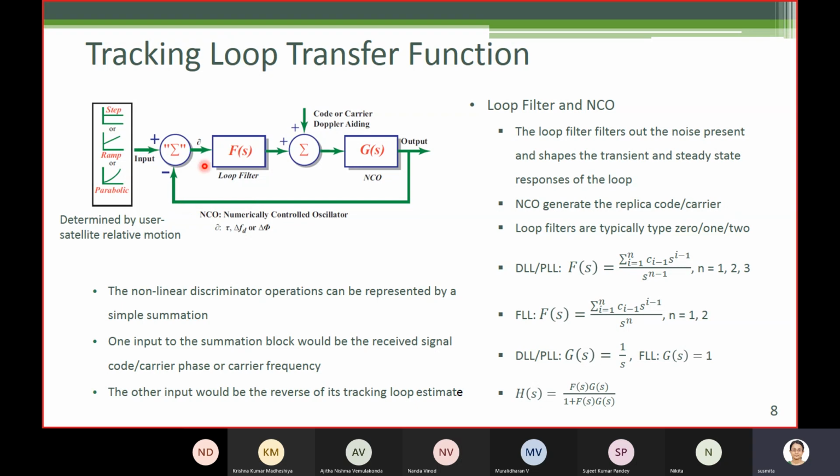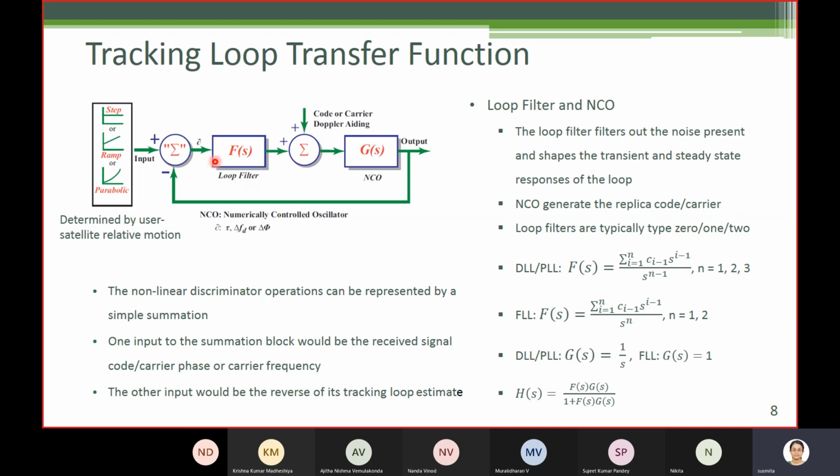So if it is a code phase tracking loop, this will be the incoming code phase CP, and this will be negative of CP hat. We know that the difference between CP and CP hat is tau. The output is tau. The discriminator provides a value for tau, right? Discriminator output in the linear range is the same as the actual tau, right?